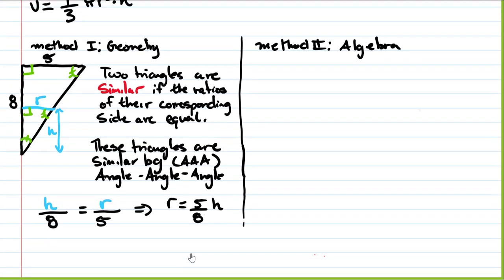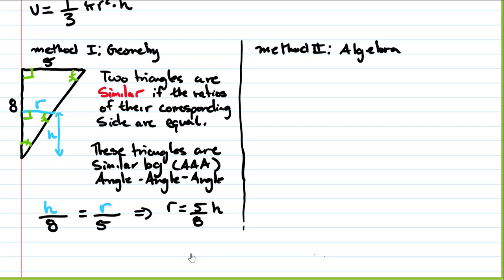So method 2 is the pure algebra way. So using that same diagram in terms of r and h, if we did something similar, think of our ordered pairs as r comma h.